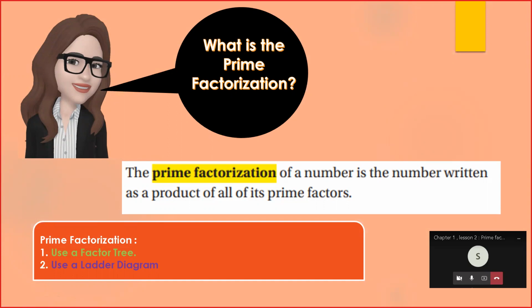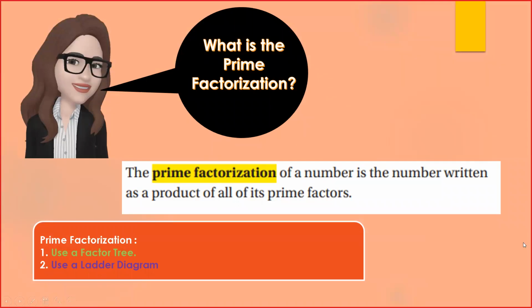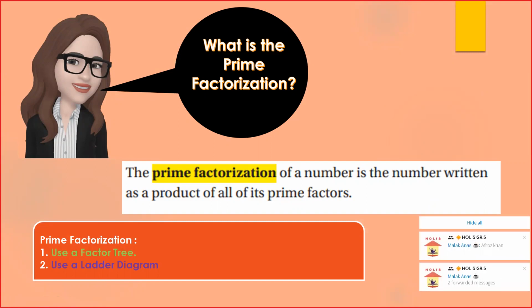This is the introduction to our lesson. Now, what is prime factorization? This is our lesson today. Prime factorization is a number written as a product of all its prime factors.